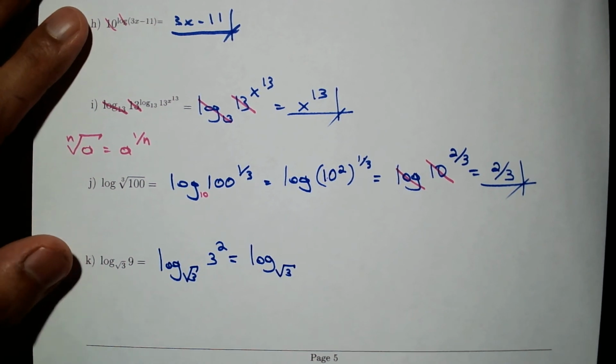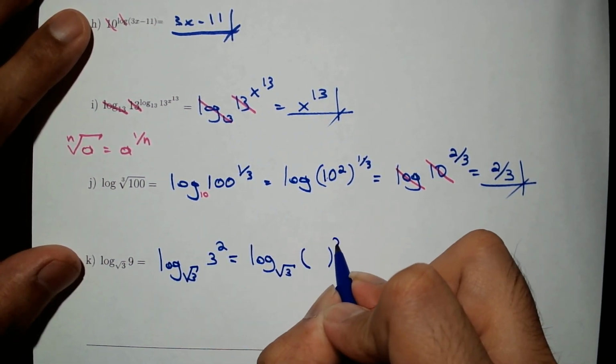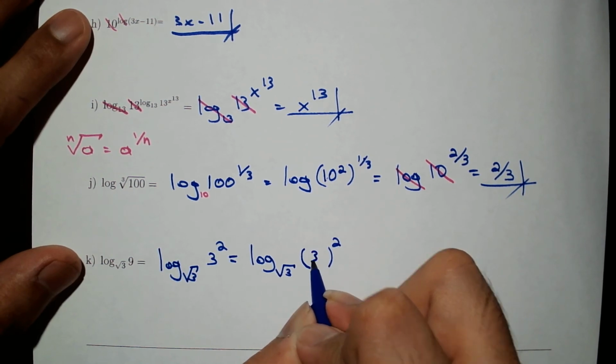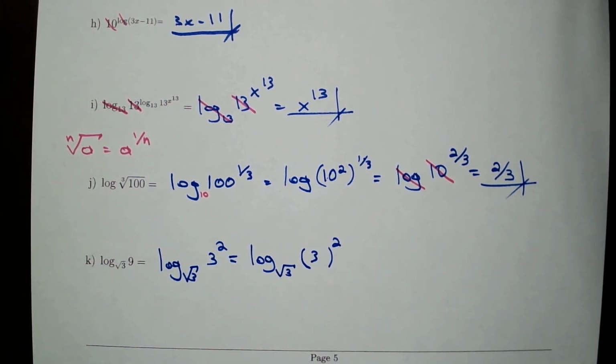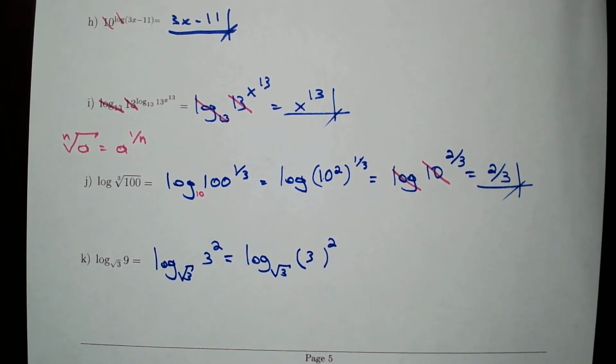Hopefully, if you think of this, it's pretty obvious and possibly even unnecessary. But in this case, adding this parenthesis here is going to be a game changer when it comes to writing this 3 in terms of a radical.